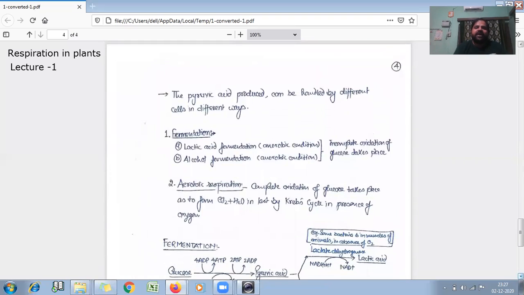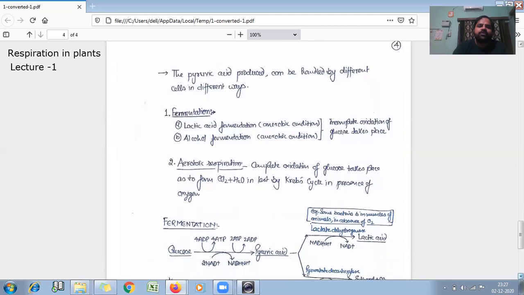So this pyruvic acid produced can be handled by different cells in different ways. It means since this pathway takes place in aerobic and anaerobic both kinds of respiration, that's why this end molecule, the pyruvic acid, will be handled by different cells and in different conditions in different ways.